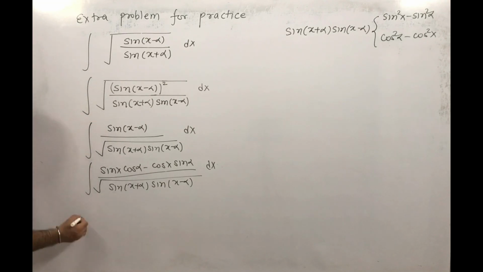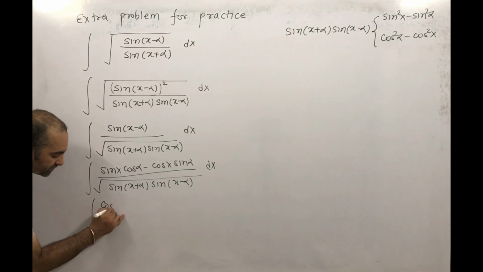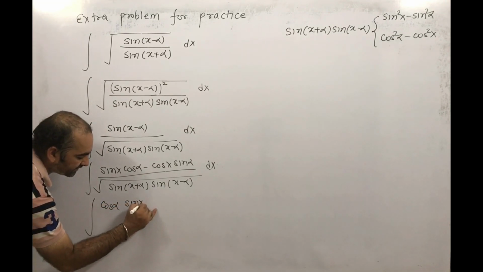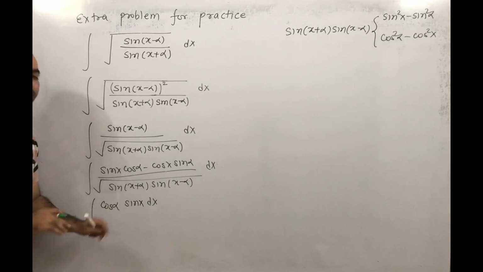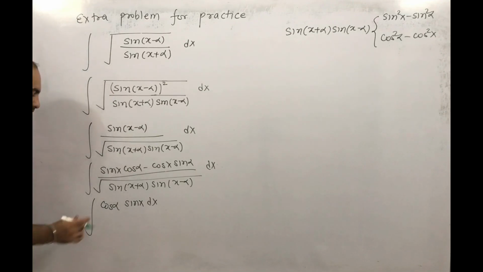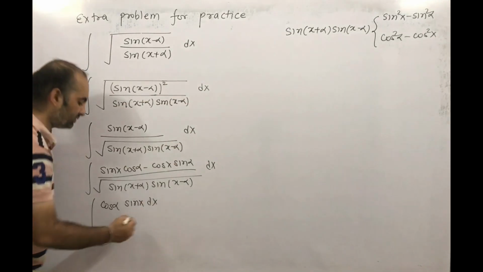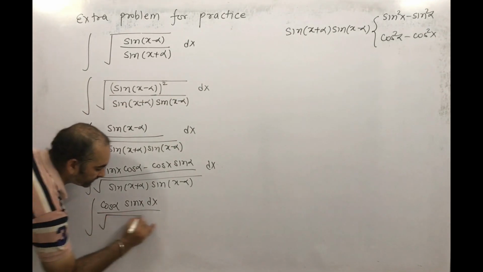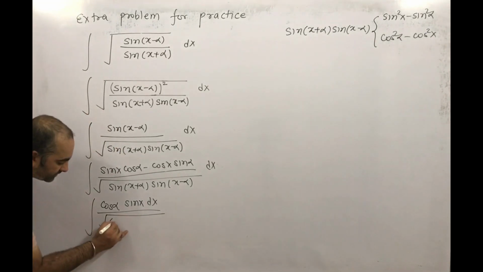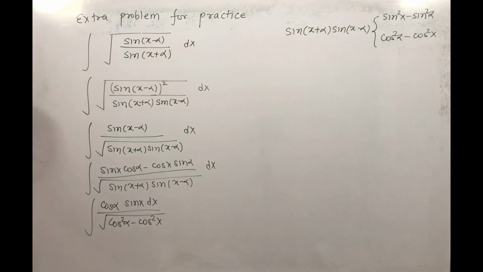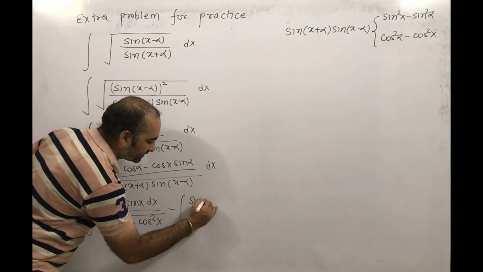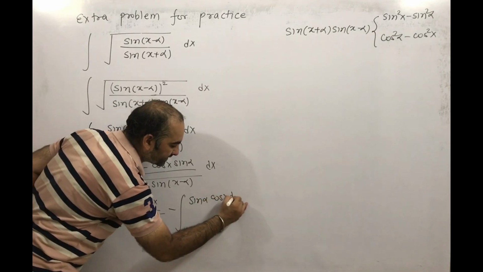So we can write integration of cos alpha, which is a constant, times sin x dx. If in the numerator we have sin x, that means the denominator we have to convert in terms of cos. So this will come out divided by root over cos square alpha minus cos square x, minus integration of sin alpha cos x dx.